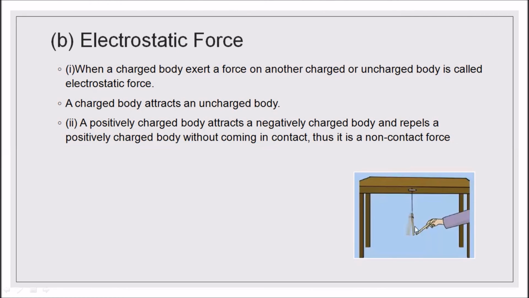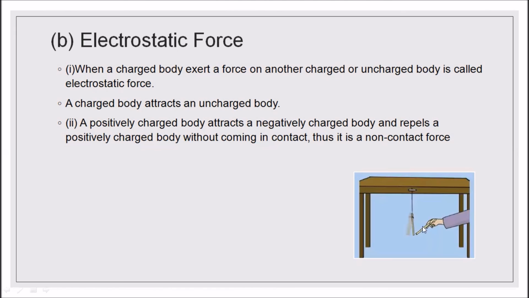For example, these are two glass rods. Just look at the diagram. If we rub one glass rod with a silk cloth, that glass rod gets charged. And if we bring this charged glass rod near another glass rod which is not rubbed, the rubbed one is charged and the other one which is hanging is uncharged.